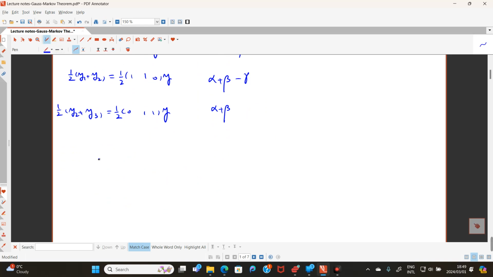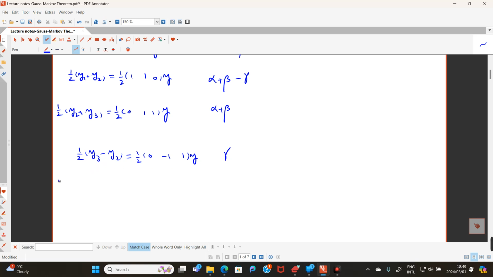Also, we can say half of y3 minus y2, which is half of 0, minus 1, 1 times y, and it is then equal to gamma. So gamma is actually a linear estimable function of the parameters, because you can find a linear function of observations whose expected value is equal to gamma.